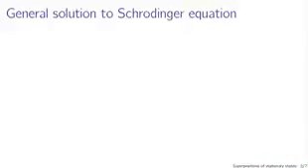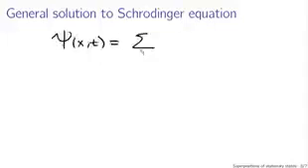And actually, the general solution to the Schrodinger equation is psi of position and time equal to the sum, and I'm going to be vague about the sum here, over some index j of psi sub j as a function of position. These are solutions to the time-independent Schrodinger equation, the spatial part, times your time part.